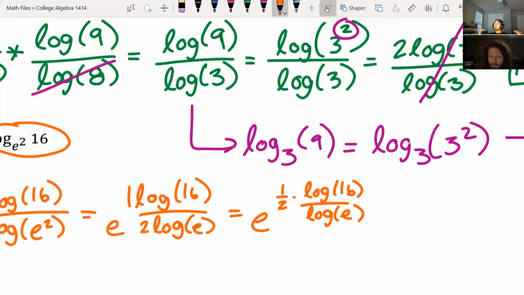And now we are going to do the reverse change of base on this log fraction. So this will now become e to the 1/2 times log base e of 16.